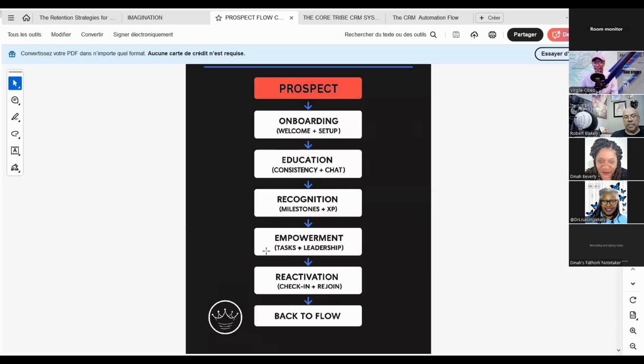As a matter of fact, just like when we are looking at a multi-service offer, depending on your persona, you might have a specific prospect flow chart for those ones, right? But it's always going to follow these steps.